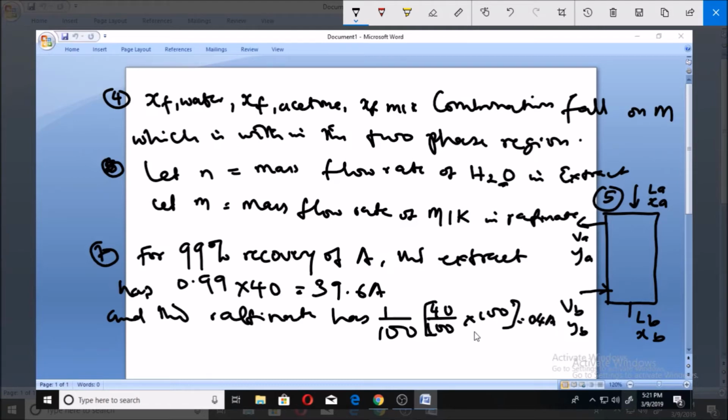So that's what is in the raffinate, 0.4A. So that is where we are now. So I'm gonna delete this so that I can continue.